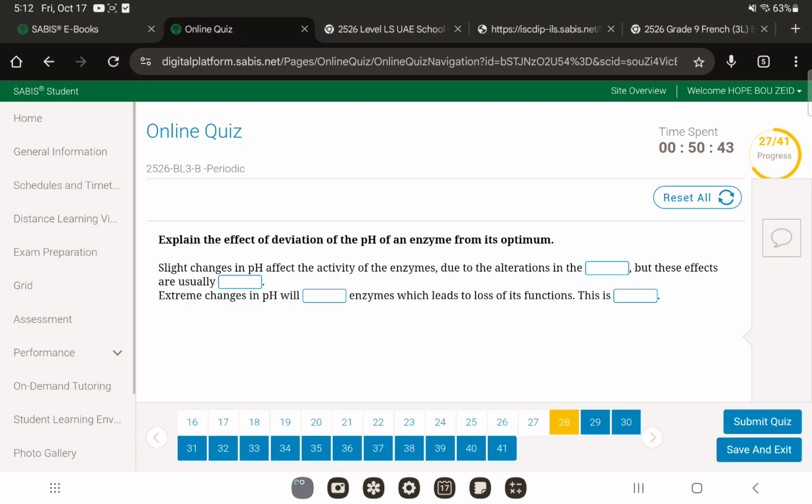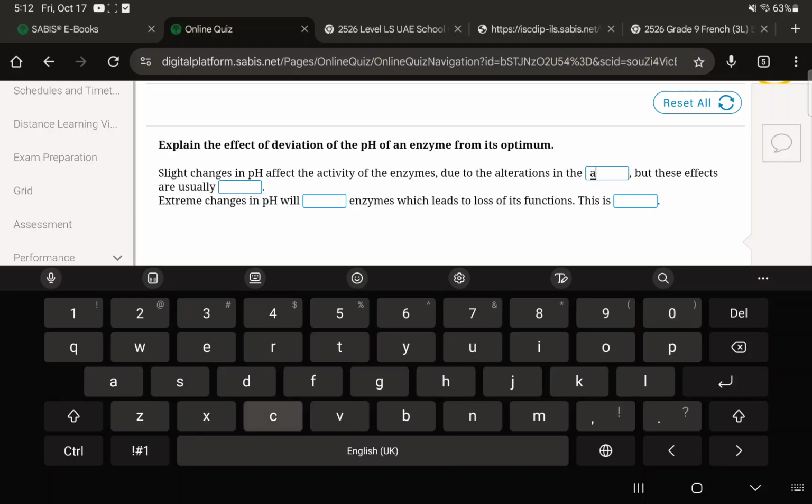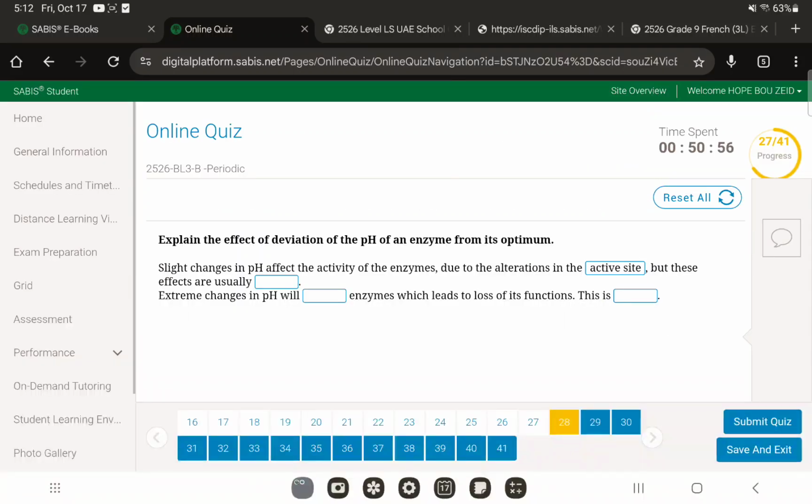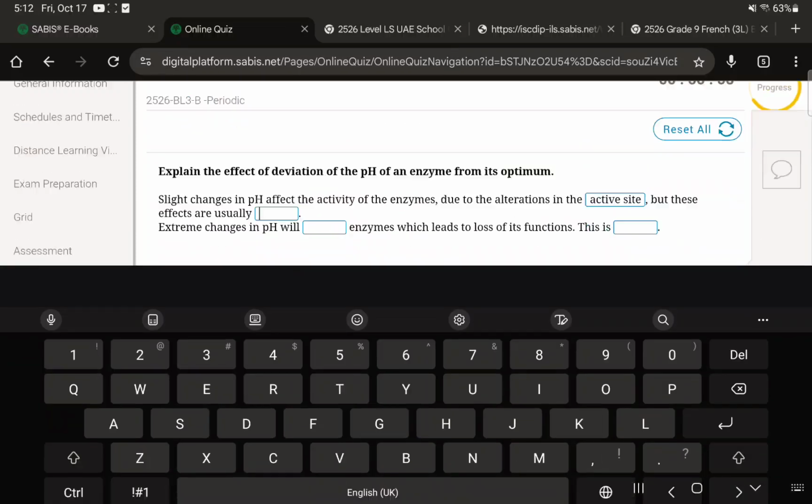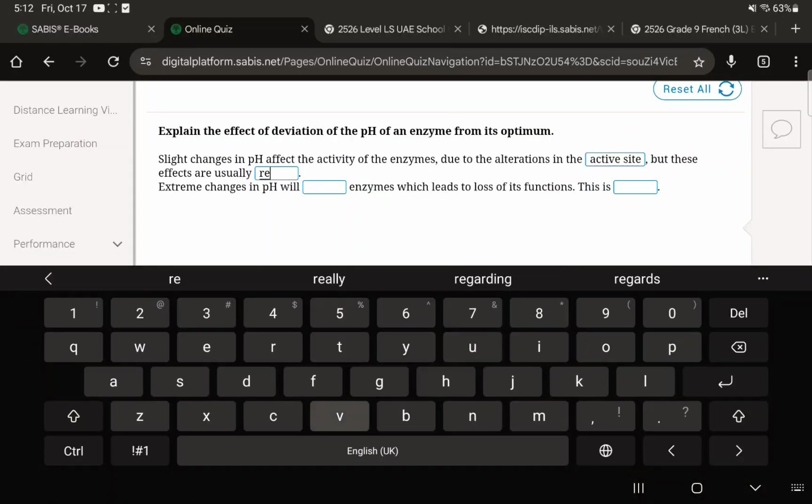Slight changes in pH affect the activity of the enzymes due to the alterations in the active site, but these effects are usually reversible.